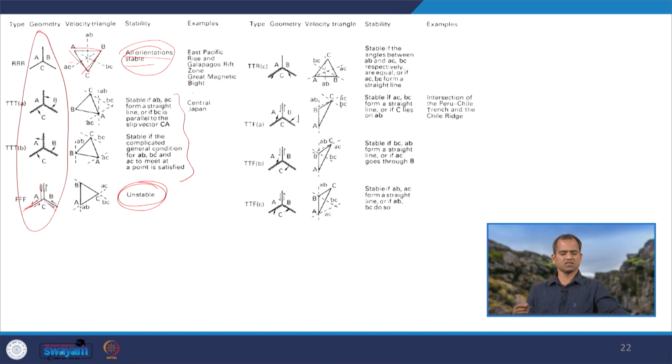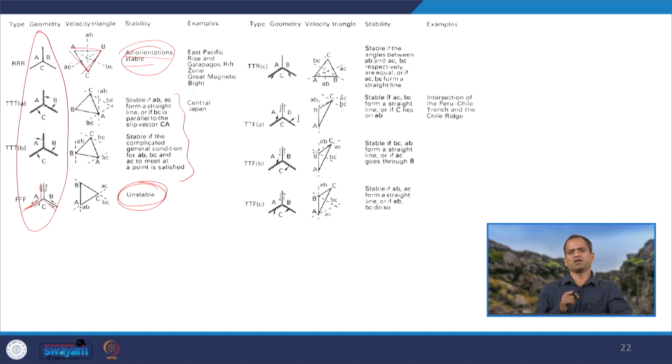So, this orientation is given and this relative velocity is given. How the relative velocity triangle is constructed we have discussed: taking the relative velocity between the two plates, the triangle is first constructed, and then the plate boundaries are superimposed on it based on the assumptions that the ridge is the perpendicular bisector, the transform fault is parallel, and the trench lies on the overriding plate.